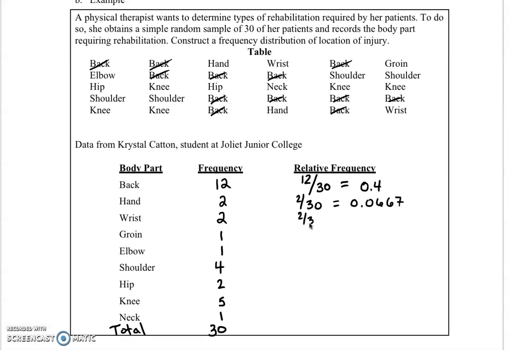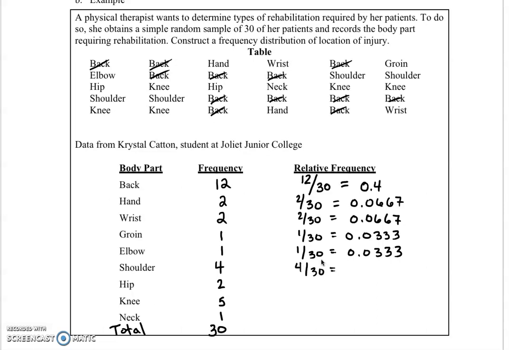We have 2 over 30 again, which is 0.0667. 1 over 30 is 0.0333. Another 1 over 30 is the same.